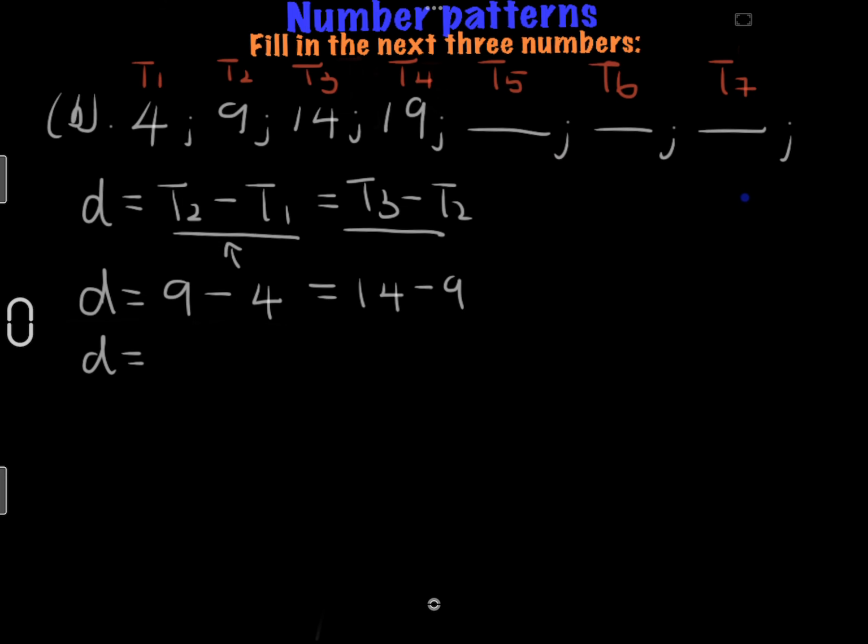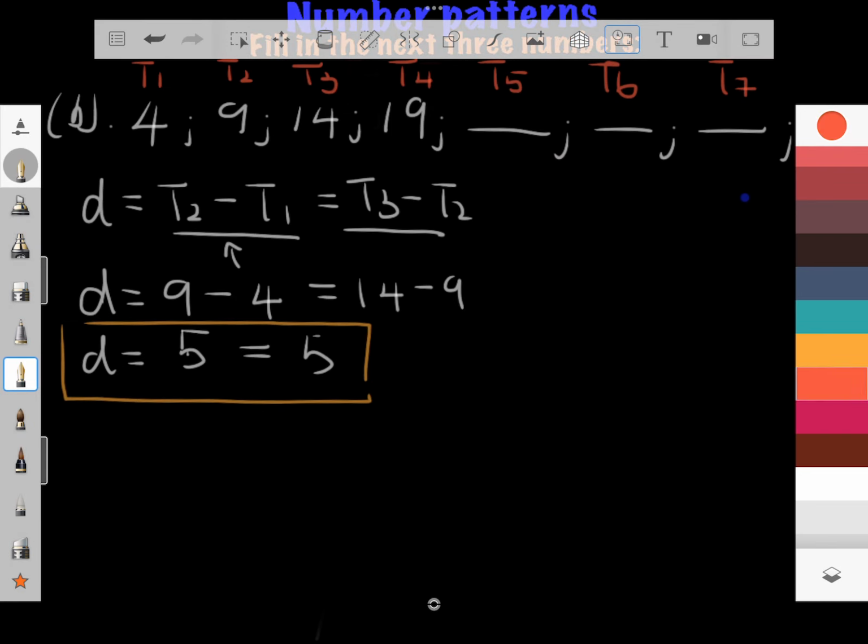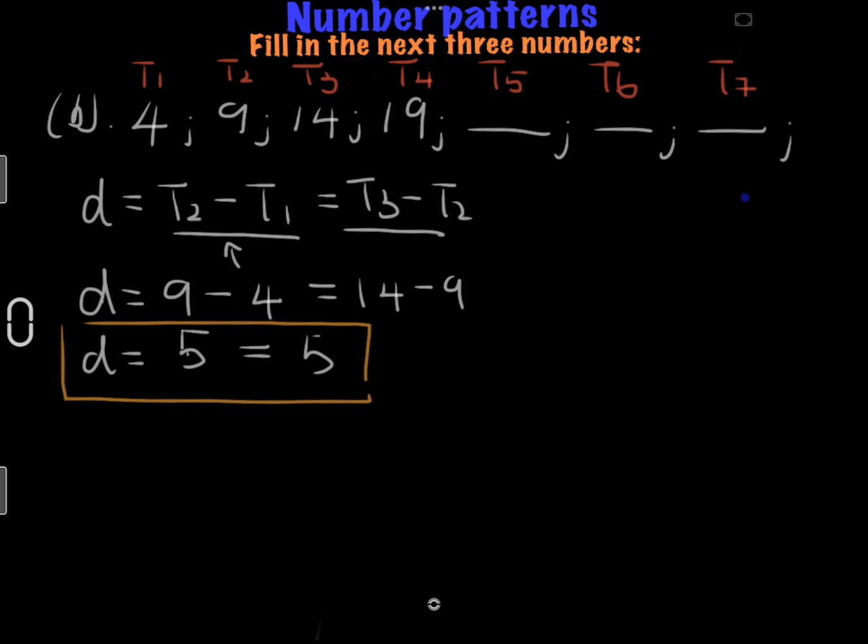Now I want to find what the common difference is. In this case, we clearly know that 9 subtract 4 should definitely give us 5. It is equal to 14 subtract 9, which gives 5 as well. So because of the answer that we found on either side, we are actually just looking for one composition in this case.